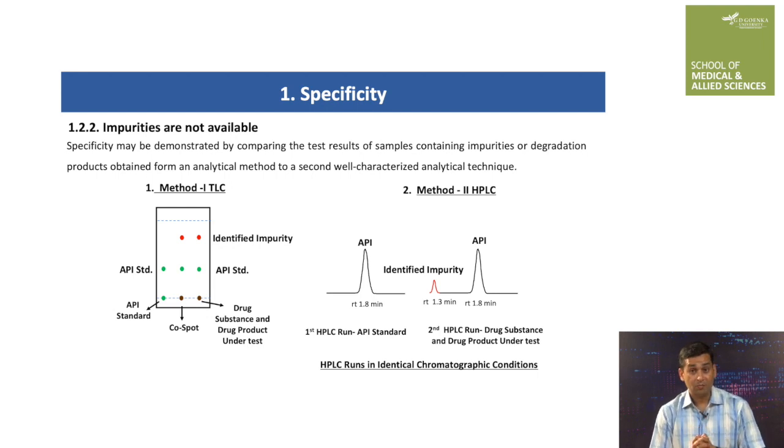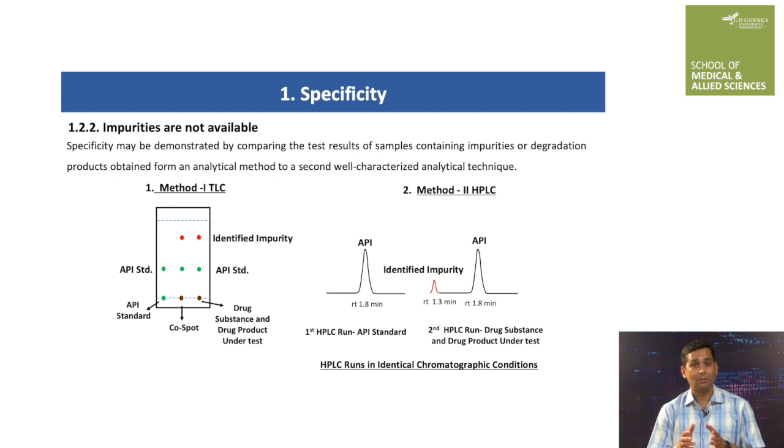This means we will use two independent analytical methods to verify that if a single method is showing an impurity, it has to be confirmed by another analytical method.